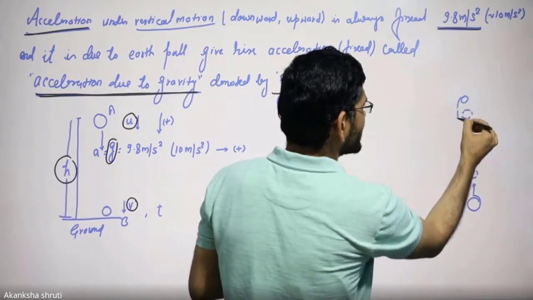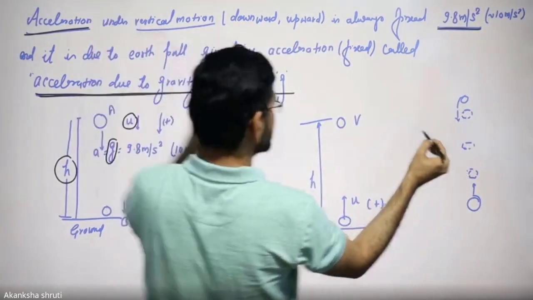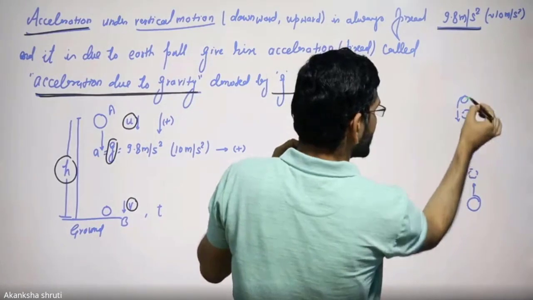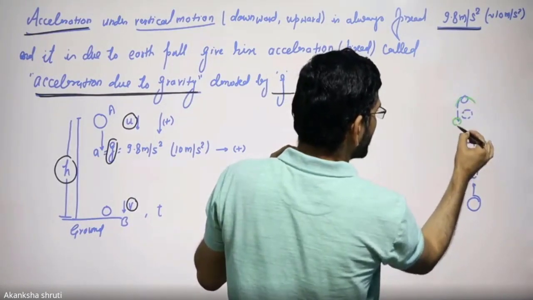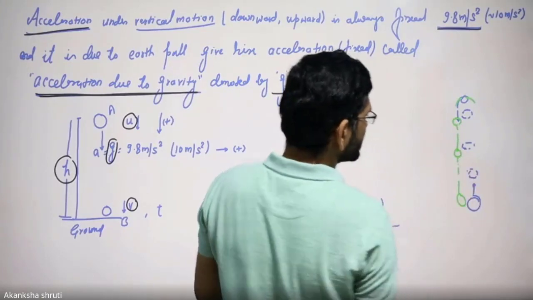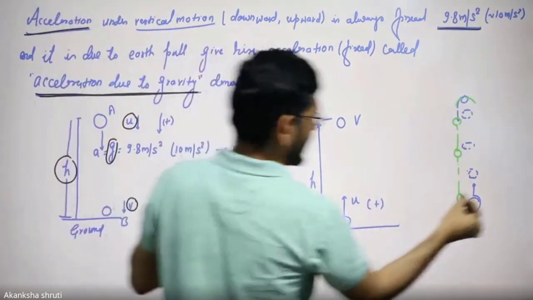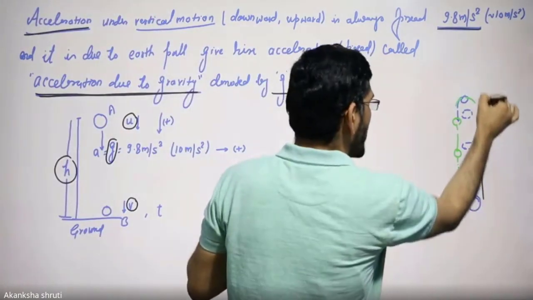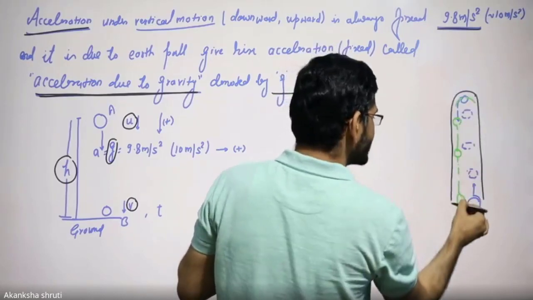Then it will turn back. Turning back means it is now returning back. So this was the upward motion. Students, observe: the ball was thrown upward, it went up, and it returned.